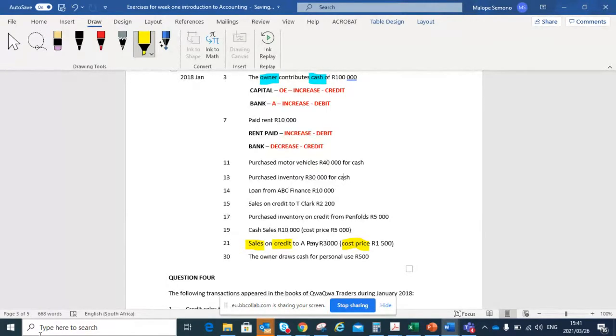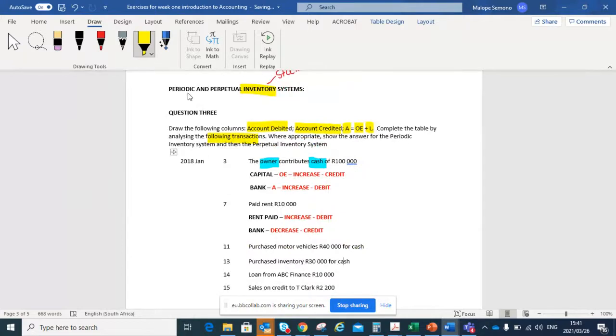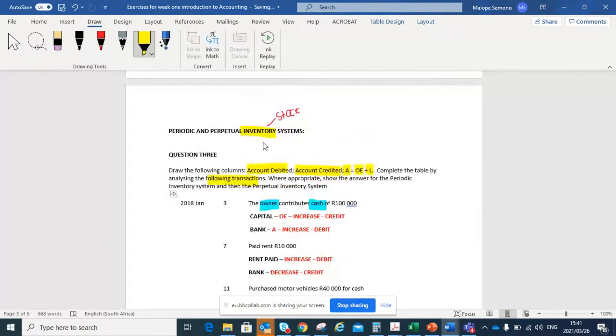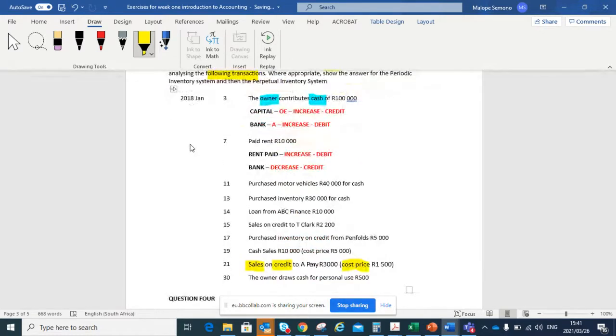Remember, when you are dealing with inventory, they said we are using periodic and perpetual. I'm going to show you how to record this under perpetual, and also under periodic. But I'm going to start with the periodic first.